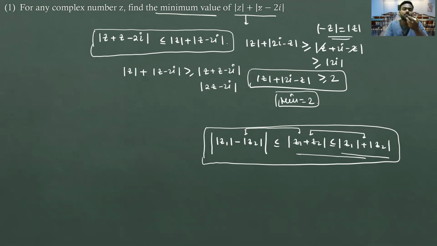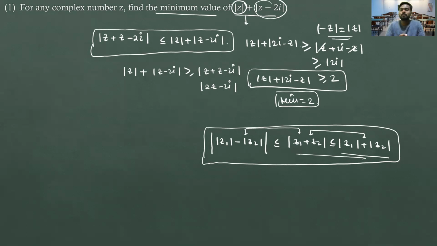So you see maximum value is not possible. Why? Because this is a positive quantity and this is also a positive quantity, so it can go up to any number. Are you getting my point or not? But suppose there is some restriction that it cannot go more than this. Suppose z is given to you and z cannot go more than this, then there is a possibility we can find that.